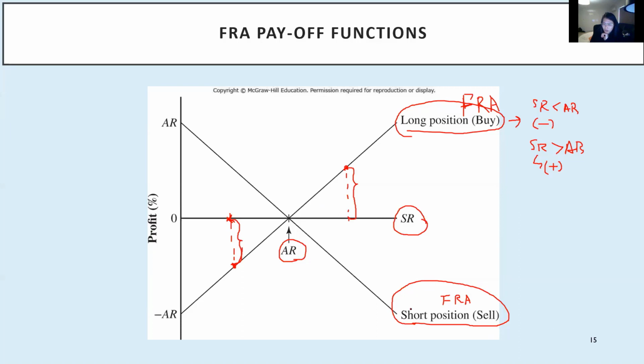In contrast, for a short position, I will make a gain when the interest rate in the market is lower than the agreed rate because the buyer pays the seller. And I'm going to make a loss if the interest rate in the market is greater than the agreed rate. Okay.